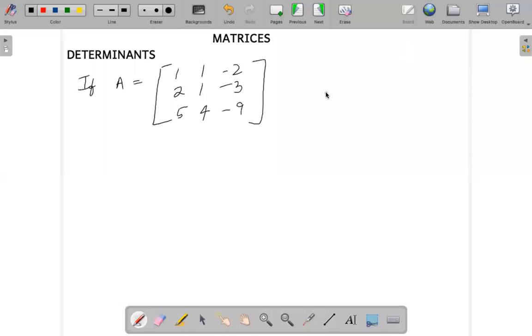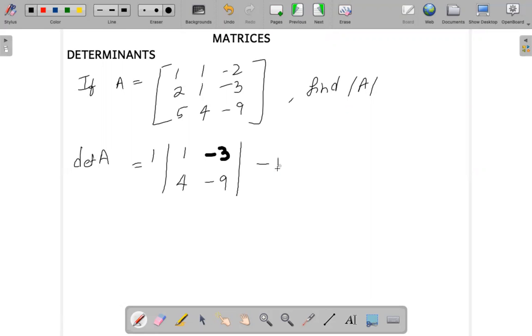So I've been given the matrix A, and let us find what is the determinant. Okay, so let us try to solve this. Now this will be 1, and this is 1, and minus 3, correct? Minus 3, 4, and minus 9.